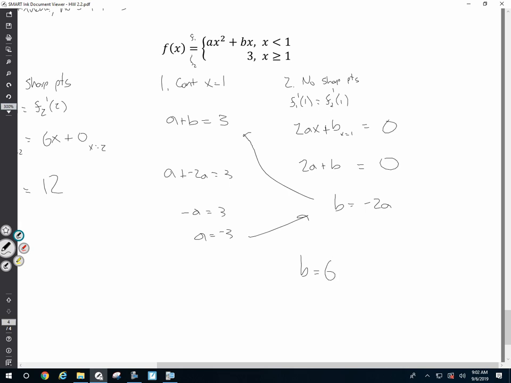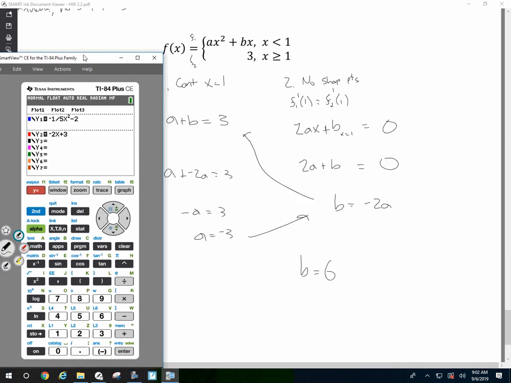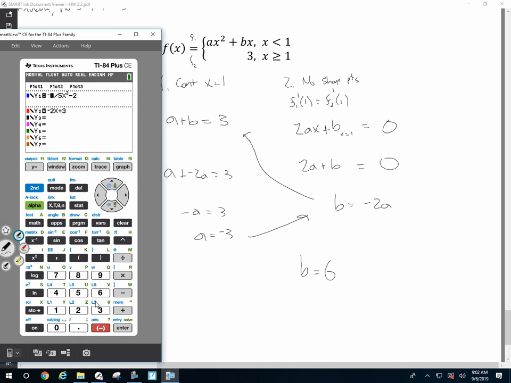I want to just check that. I can graph. I know there are ways to graph piecewise functions using your calculator. I don't even know what they are, but I will be able to see, hopefully, that at 1, they will connect, and at 1, it'll be a nice smooth connection.